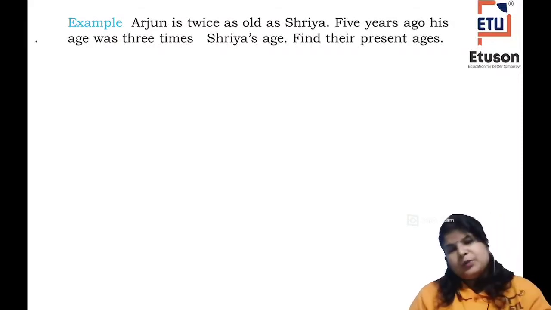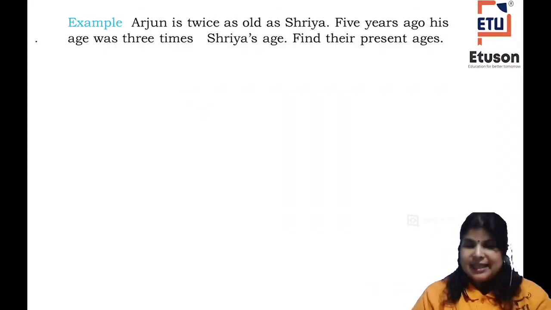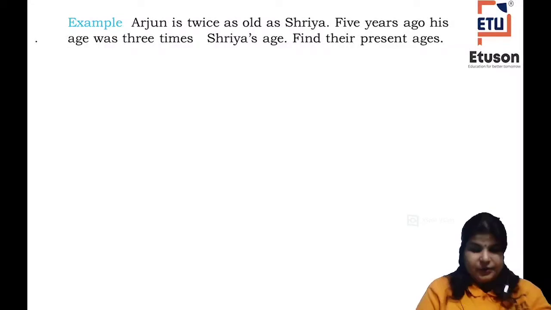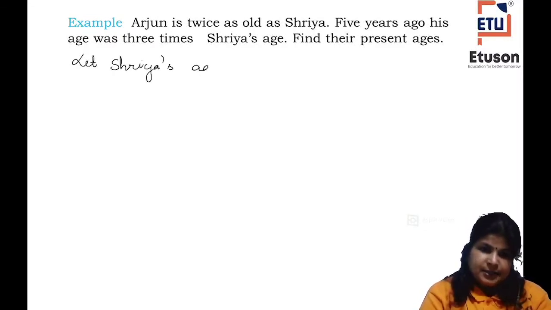So, first what will we do? We will consider Shriya's age as x. Okay, so let me write. Let Shriya's age be x. Then what will be Arjun's age?